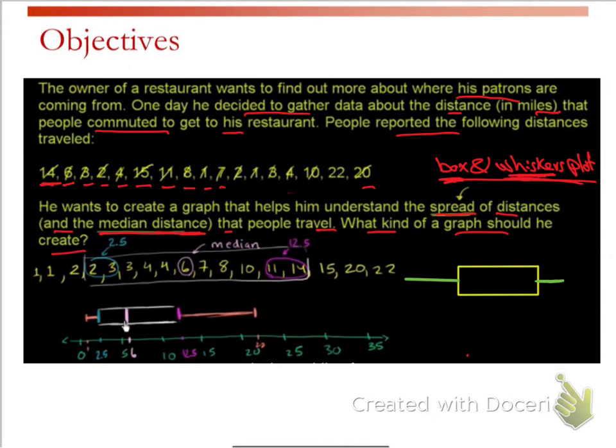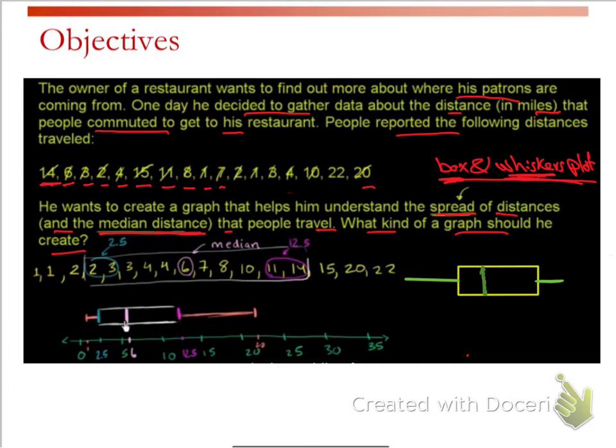Then the thing we have to remember that must be available on the box and whisker plot is the median. The median must be here, inside the box. It could be in this place, could be here, anywhere, but there is one median inside the box, okay?